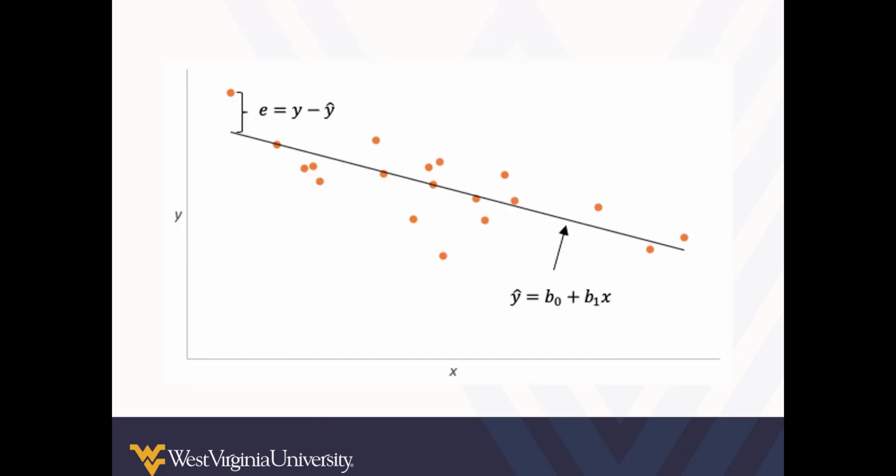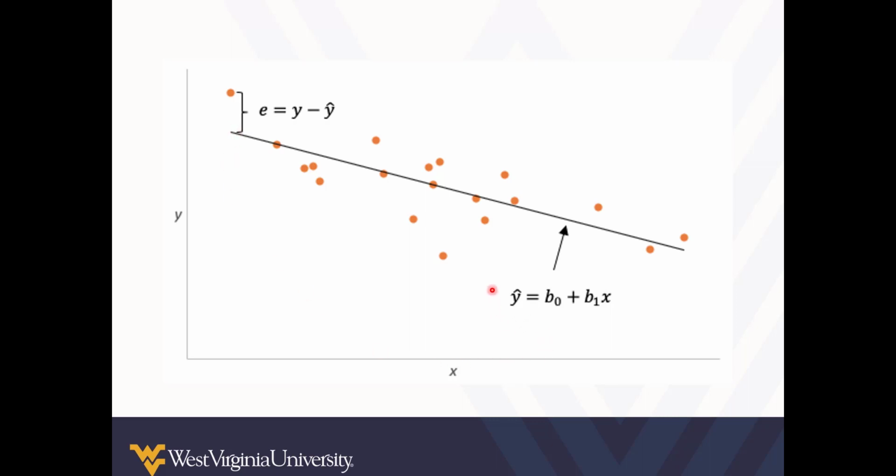So this diagram illustrates it with a little bit more clarity, where you can see the regression line and how we calculate the error term from the difference between the actual value of y, which comes from this observation, and the predicted value of y, which is where the line passes closest to that value for y.